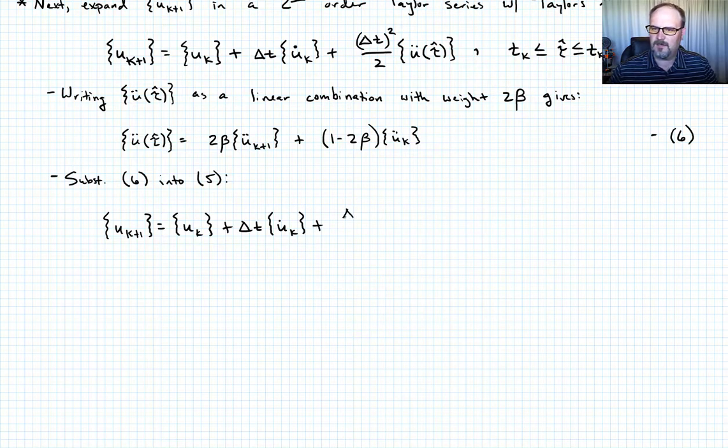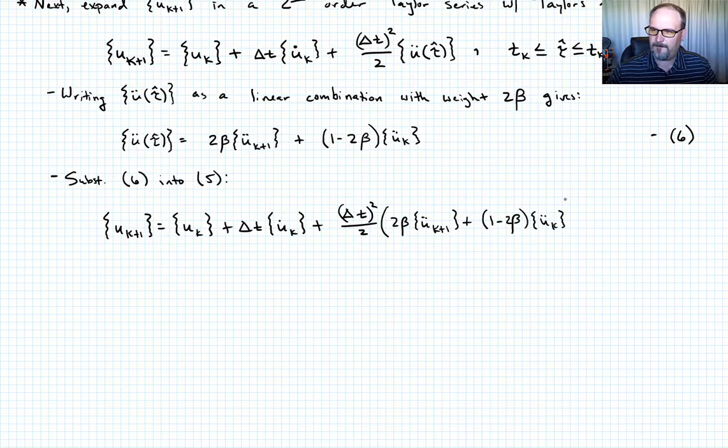Plus delta t squared over 2 times the quantity 2 beta u double dot k plus 1 plus 1 minus 2 beta times u double dot k. Okay? Let's call that equation 7.